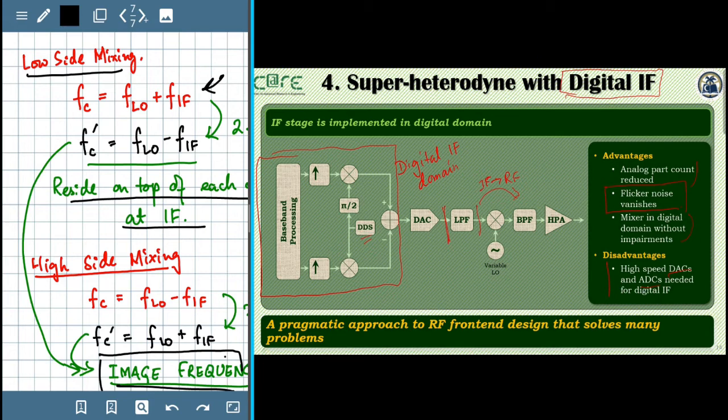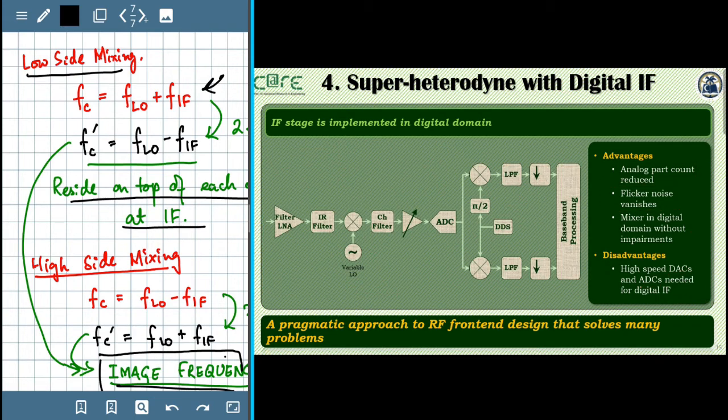But that drawback nevertheless does not hurt us too much because of the advances in CMOS technology. So this is basically a pragmatic approach to RF front-end design that solves many of the problems. So super heterodyne with digital IF has been the state of the art for many decades now.